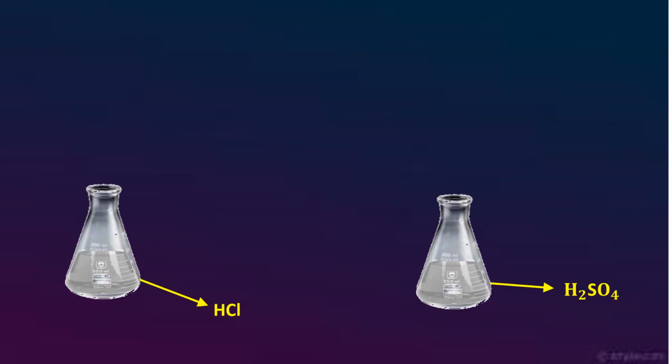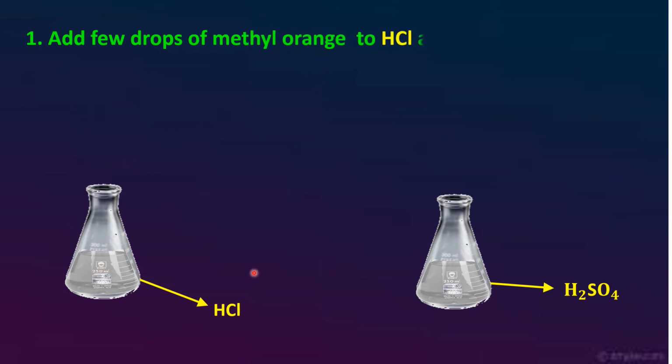Okay, so now we'll use another indicator and see. Now we'll add methyl orange indicator to both the solutions. If we add a few drops of methyl orange indicator to dilute HCl and dilute H2SO4, let us observe. In the previous case, we have seen that whenever phenolphthalein is added, HCl and H2SO4 have no change.